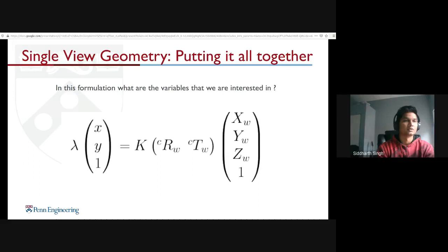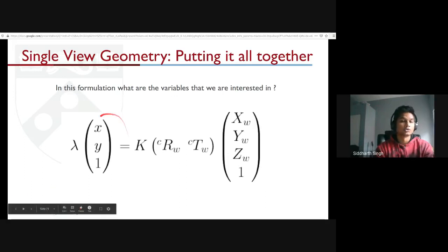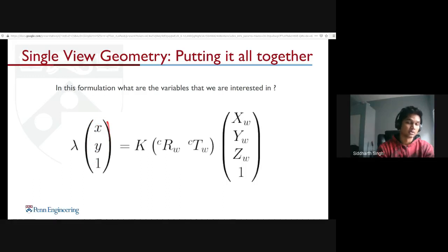Is there anything else that we don't know? Lambda. Right. Correct. Is there anything else? Okay, so I had said that we will know these x and y pixel values because we are getting the image. How do you think we are getting these points? Anyone?